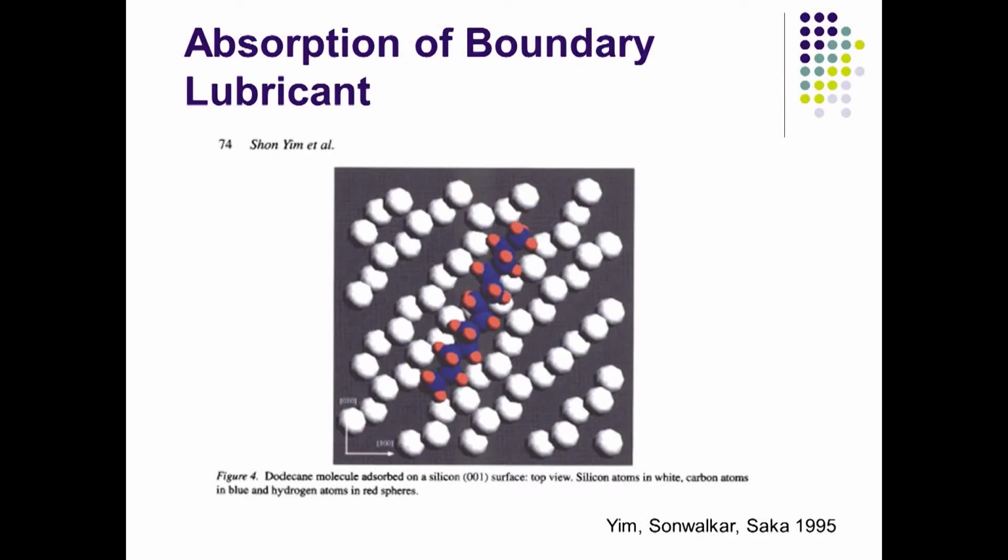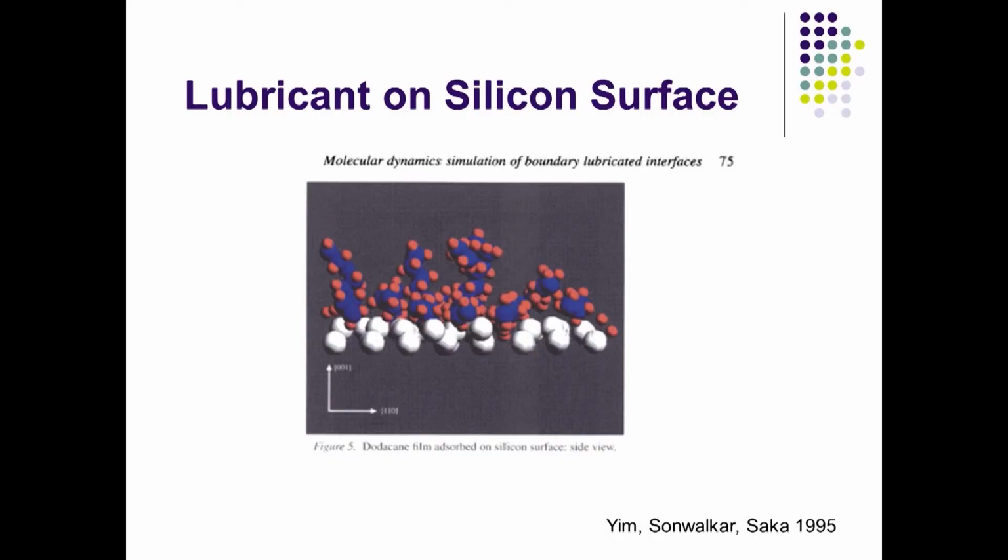So, we start with absorption. First situation here is absorption of the boundary lubricant. Once it absorbs, it essentially creates certain absorbed layers, and on top of that you have other non-absorbed layers. So, what we want to understand is how we can design these boundary lubricants. As we saw in this picture, once we put more lubricant on one surface, it has a stacking of the lubricant layer on top of the silicon surface.